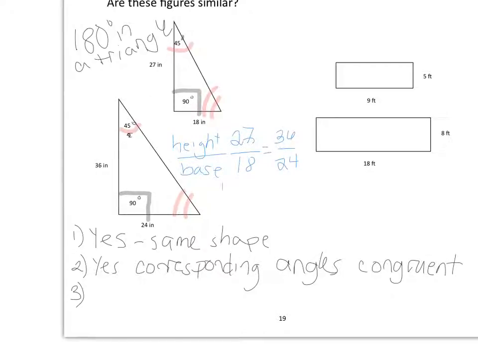So we want to know, is 18 times 36 the same as 27 times 24? Because we're going to cross multiply to figure out if they equal the same number. And when we cross multiply, we get that 18 times 36 is 648, and 27 times 24 is 648.